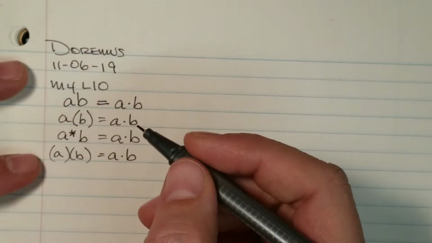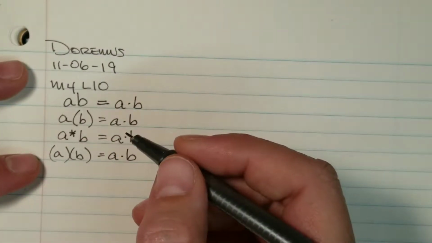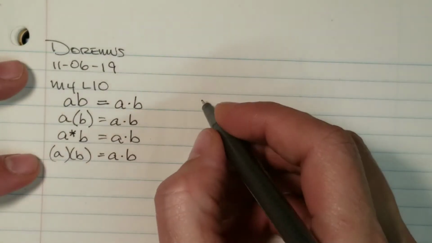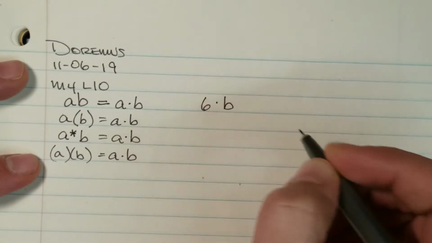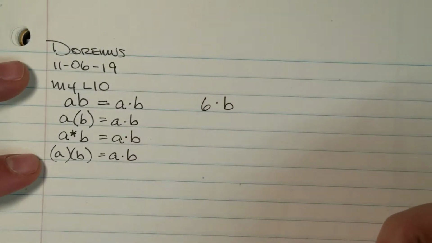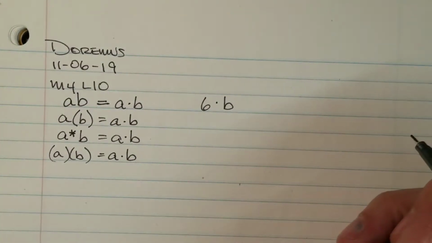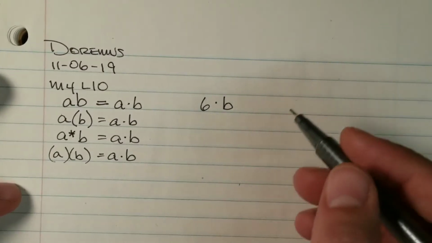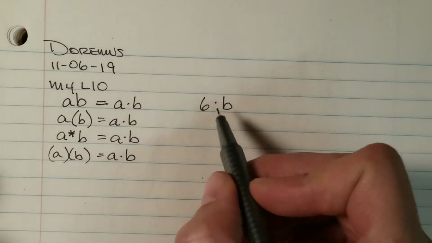So, if I had 6 times B, let me tell you, mathematicians aren't lazy, but we just like to be efficient. So here's what that means. If we can write something with fewer symbols, we want to write it with fewer symbols.